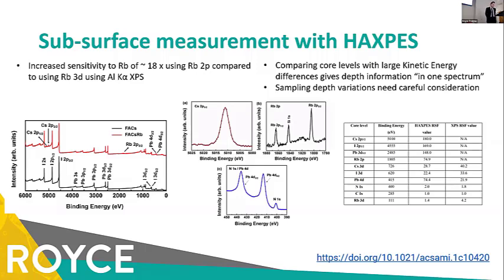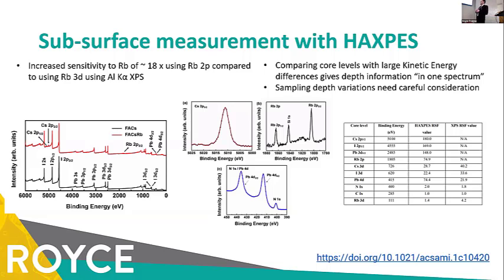The important thing to note here is that with normal XPS, it was really difficult to detect the rubidium at all. It's a relatively low concentration of rubidium. With the HAXPES, we actually get about an 18 times increase in sensitivity compared to what we'd be able to measure with XPS. There's no peak overlaps, so we're able to detect that and be much more confident that it is there, and to also quantify it.